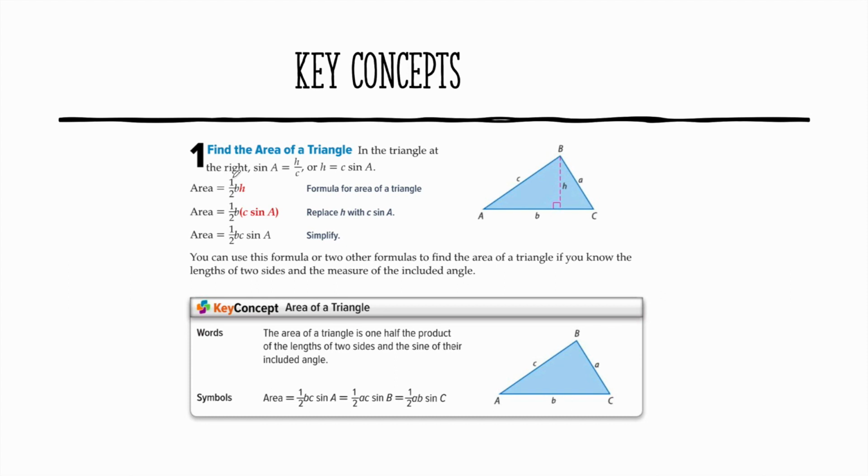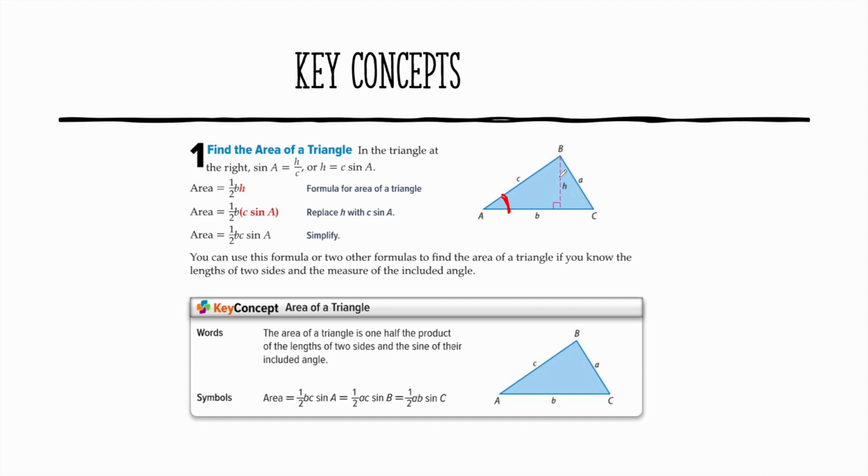If you want to find the area of a normal triangle, you say the area is given by half base times the height. But if we look at this triangle, if we are given an included angle A, then we can use sine to find h. This will be opposite divided by the hypotenuse.